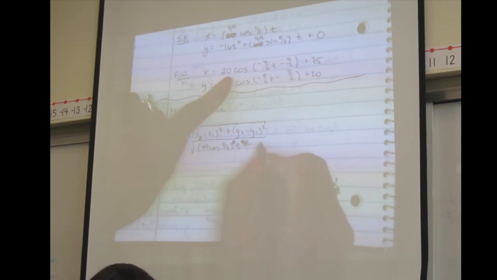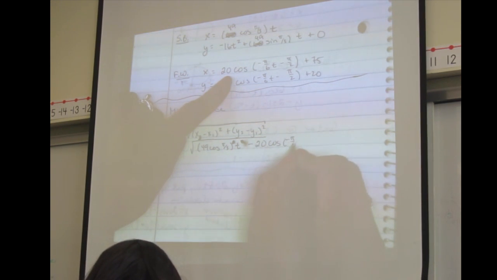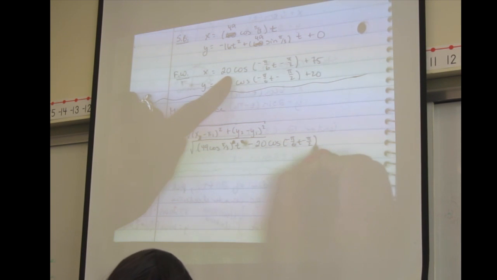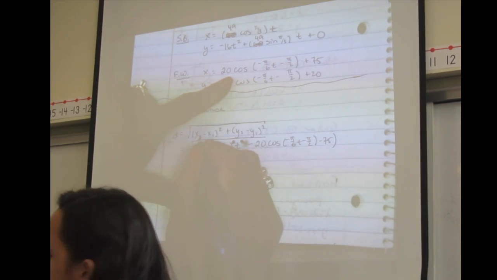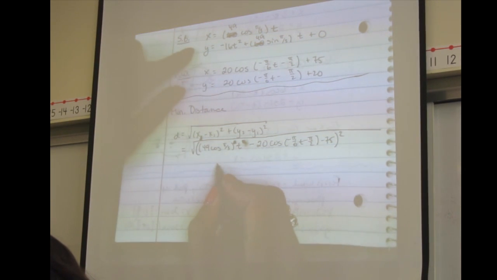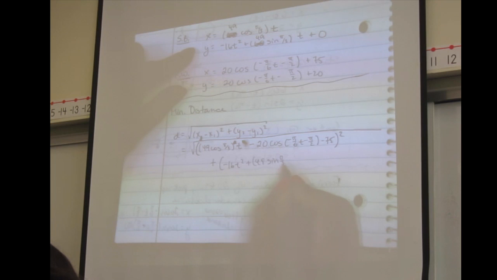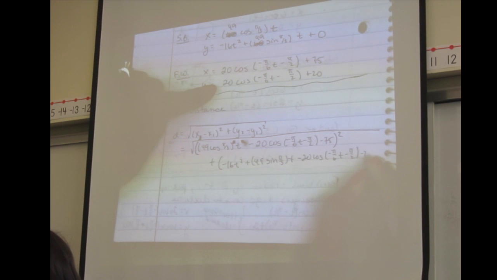So subtract 20 cosine of negative pi over 6 t minus pi over 2, minus 75, all squared. Square root plus negative 16t squared plus 49 sine pi over 3 t minus 20 cosine negative pi over 6 t minus pi over 2 minus 20, all squared, correct?